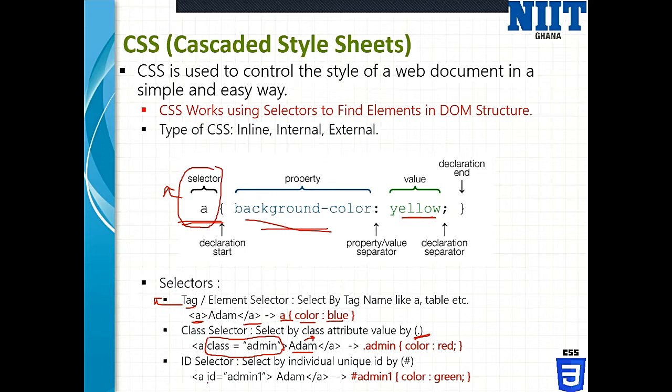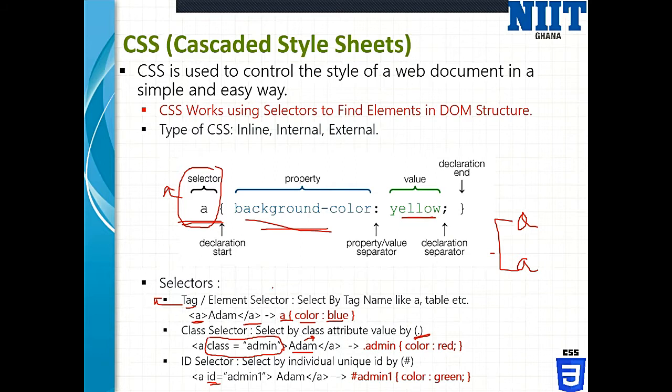In the same way, with an ID selector, you can specify only one element. IDs cannot belong to multiple elements. If you have one A tag and another A tag, both can be part of the same class, but they cannot be part of the same ID. So IDs are unique, classes are groups, and tags are all around.